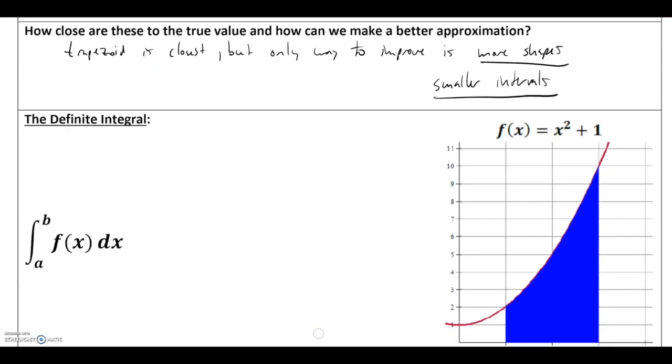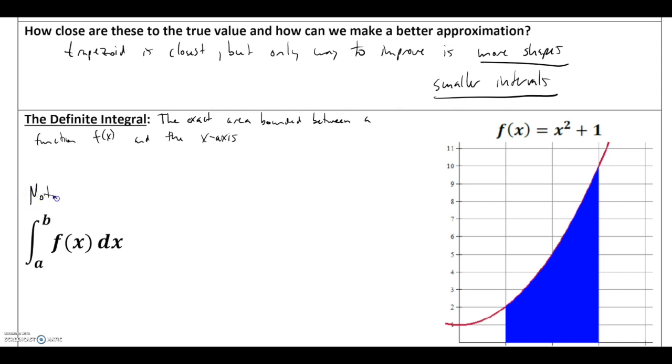And a definite integral is defined as the exact area that is bounded between a function f of x and the x-axis. And this could change. It could be a function of time and the time axis. The main idea is between some output function and the axis that represents your independent variable.